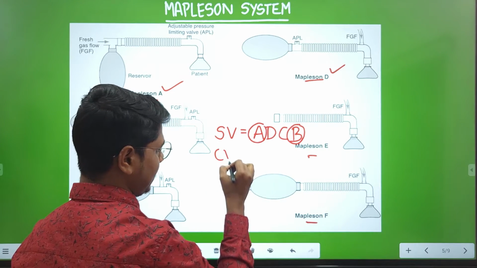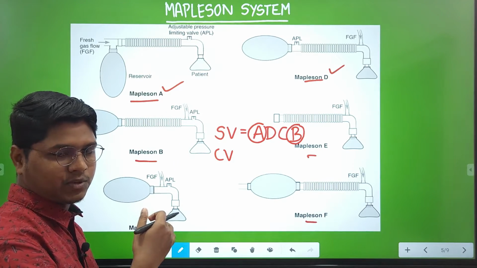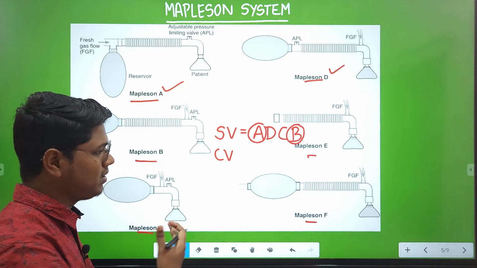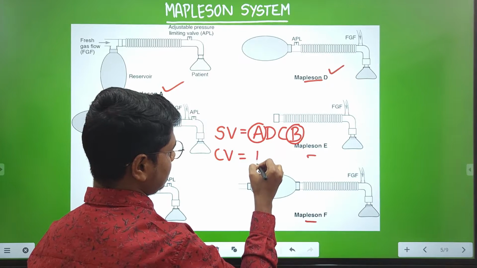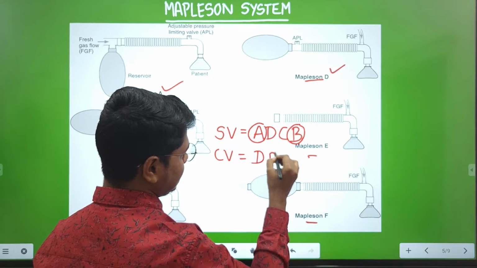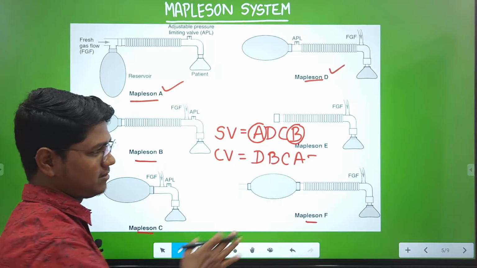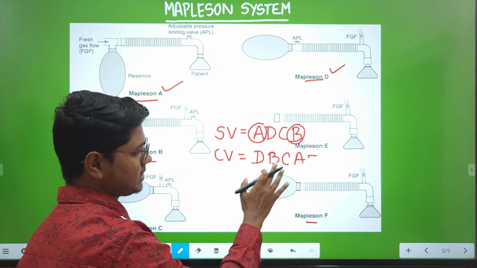For controlled ventilation, or you can say assisted ventilation, when providing some assistance to the ventilation or breathing of the animal, for that, dead bodies cannot argue. DBCA. Dead bodies cannot argue.